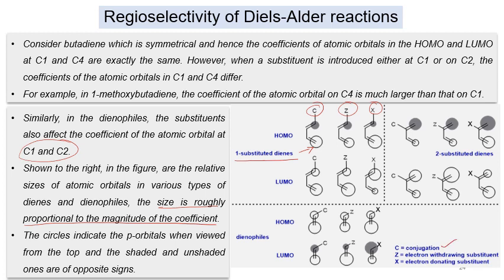C could be a conjugating group. Z could be an electron withdrawing substituent. So you see here when Z is present, the coefficient is the smallest here.